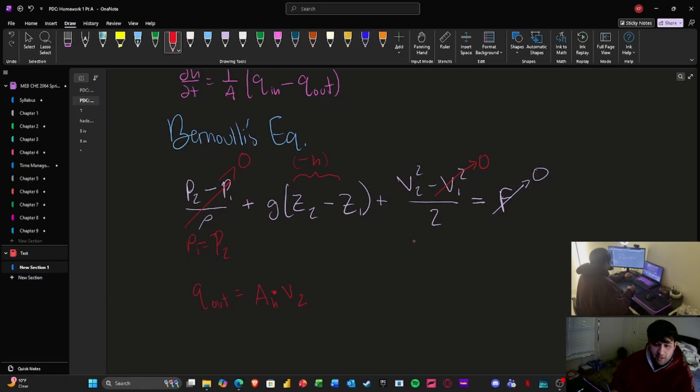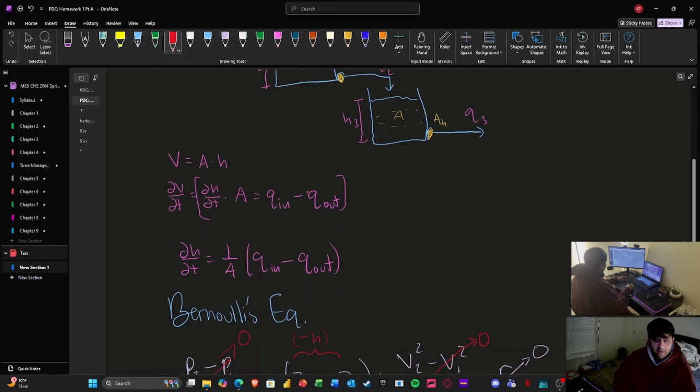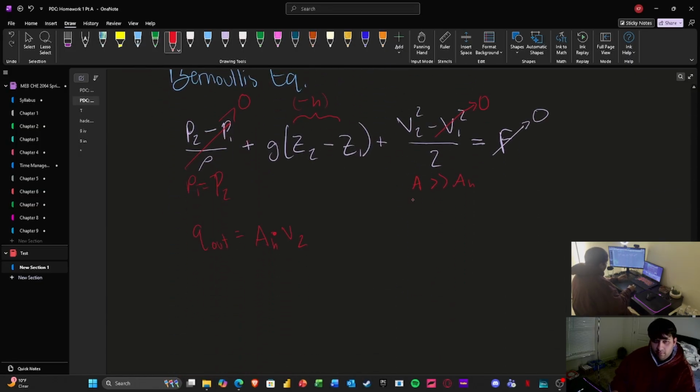Essentially why we're saying that is because if we look at the cross-sectional area between the tank and the drainage hole, when the inlet flow is going into this tank, this area is a lot larger than this, so the velocity going out here is going to be significantly higher, as there's just a smaller area for that to go through.